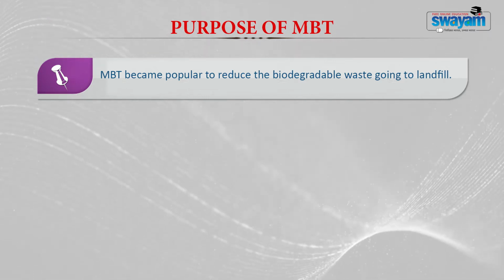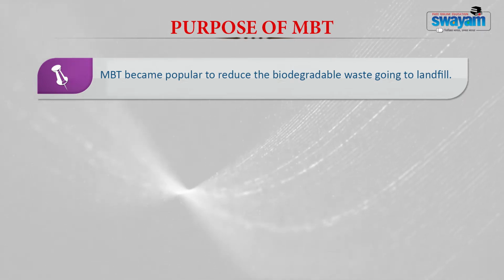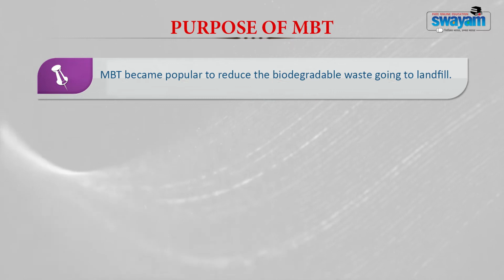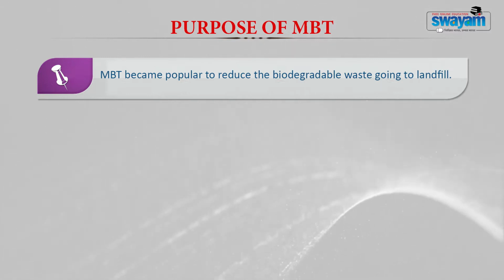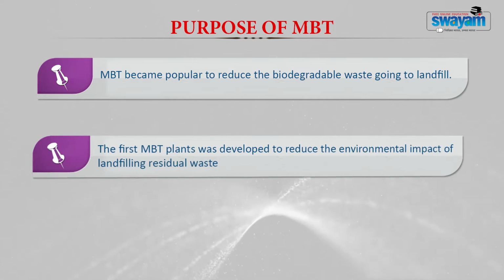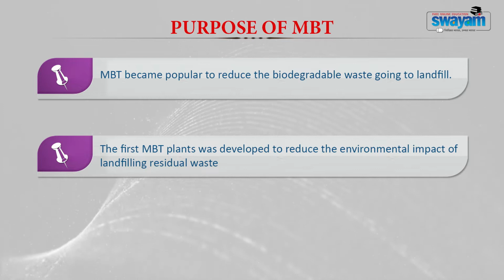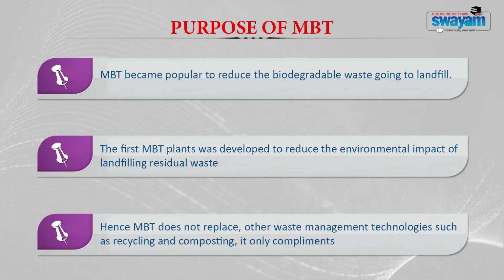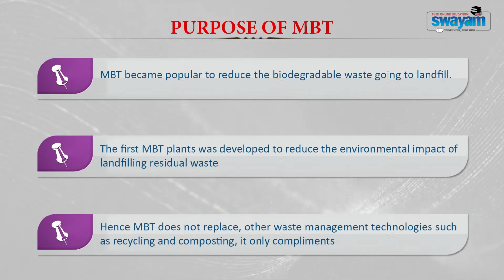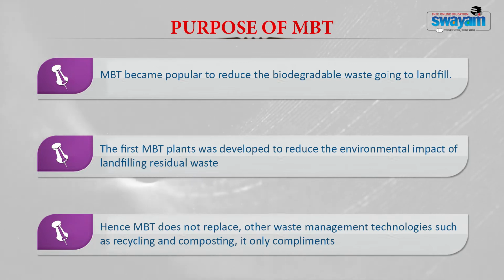When you can recover certain products through composting or anaerobic digestion, why dump it in a landfill? So, this MBT process was developed to keep the biodegradable waste away from the landfills. The first MBT plant was developed to reduce the environmental impact of landfilling the residual waste. These MBT processes do not replace any waste management technologies like recycling or composting, they just complement them.